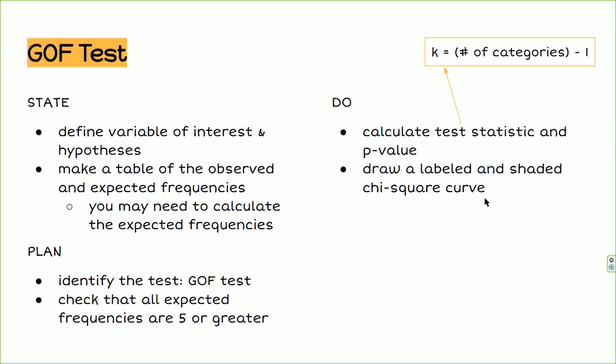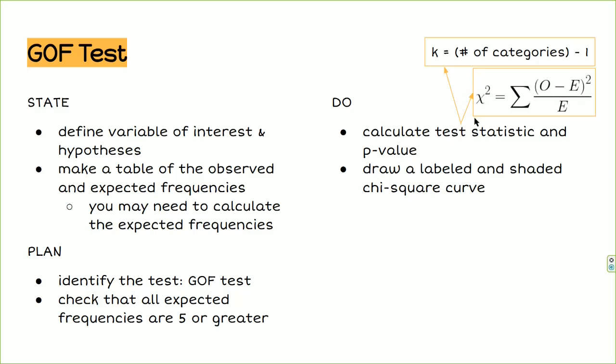For the test statistic, you need to remember that k is our degrees of freedom, and that's number of categories minus 1 instead of sample size minus 1. Because now I'm looking at a categorical variable and I'm interested in how many categories I have, not in how many people I surveyed.